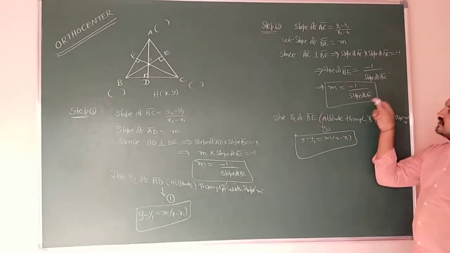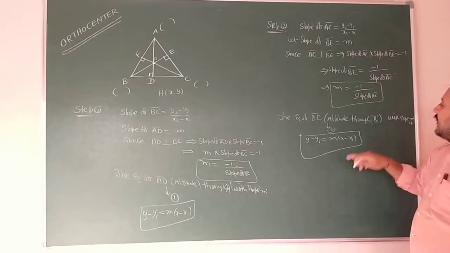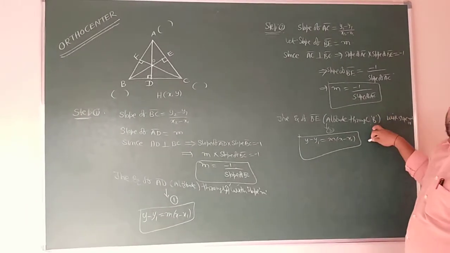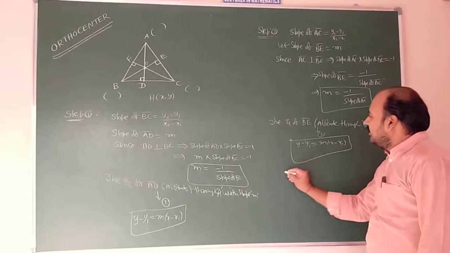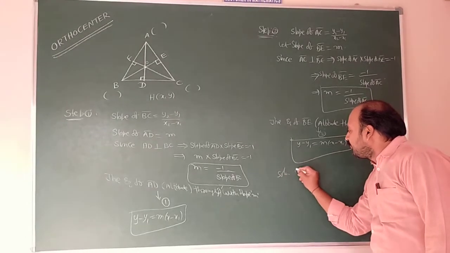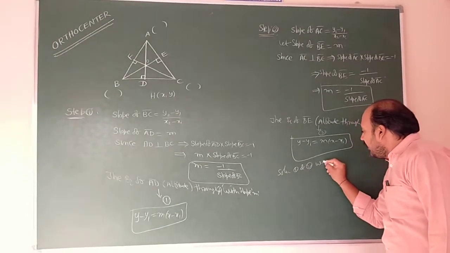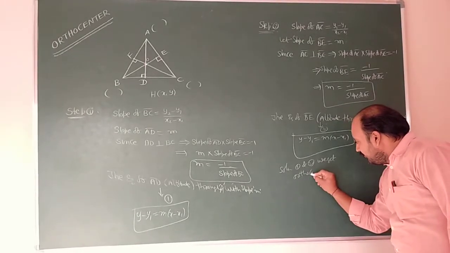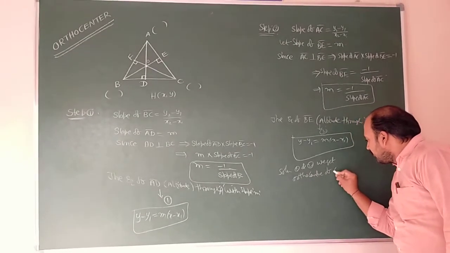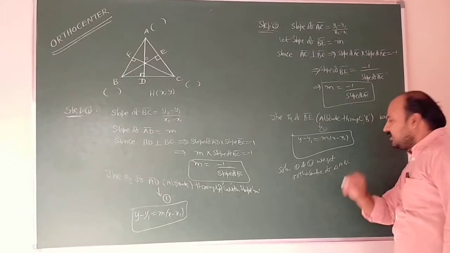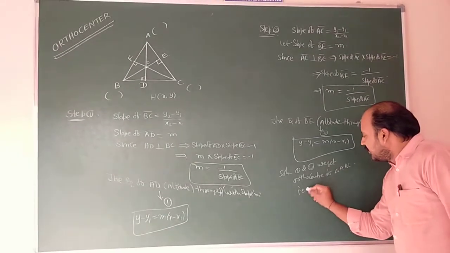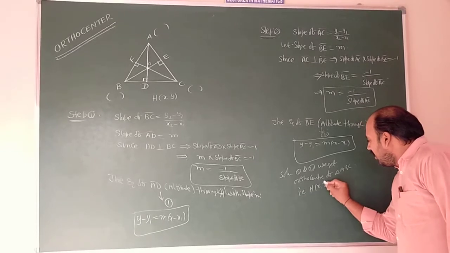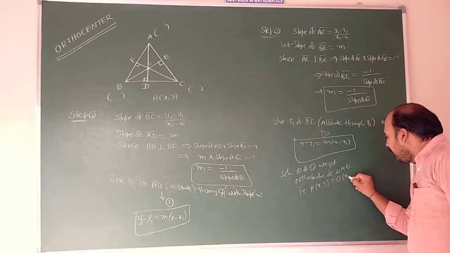Here M is equal to -1 by slope of AC, and passing through the point x1 y1, that means B point. Now this is the second equation. Now solving 1 and 2, we get the orthocenter of the triangle ABC, that is H of x comma y or capital O of x comma y.